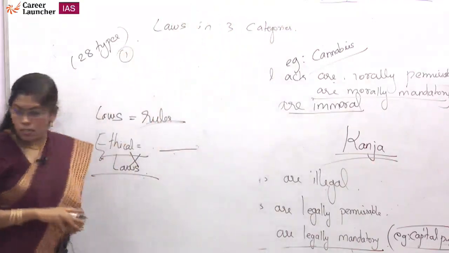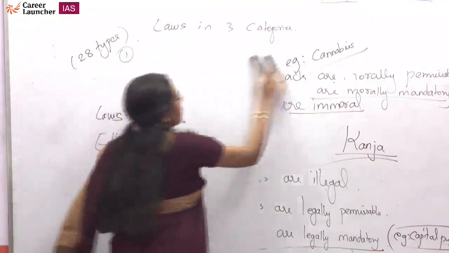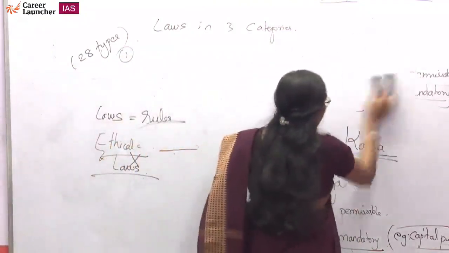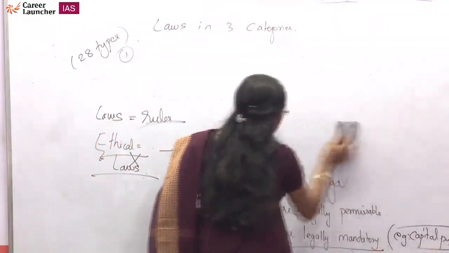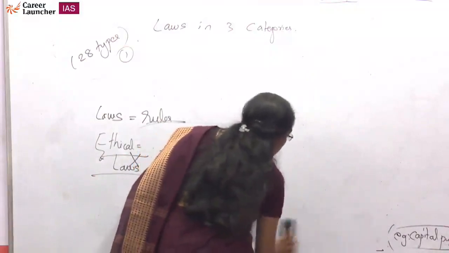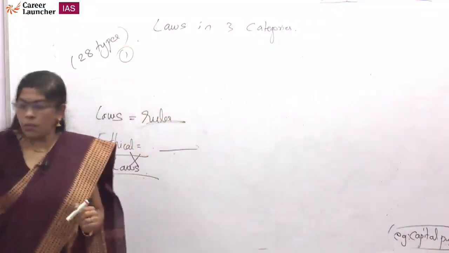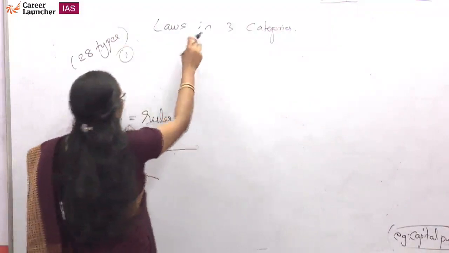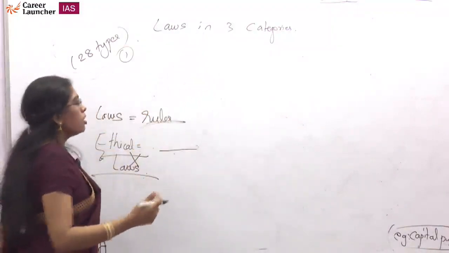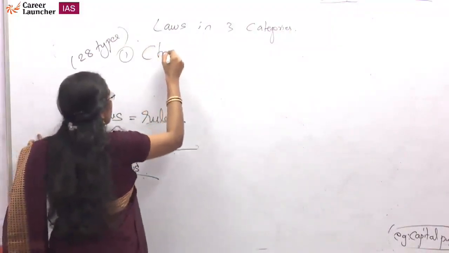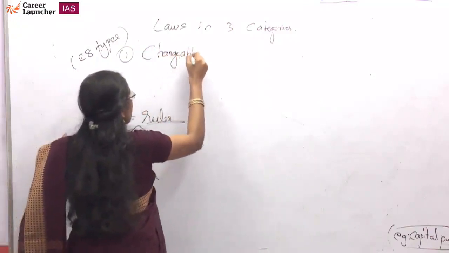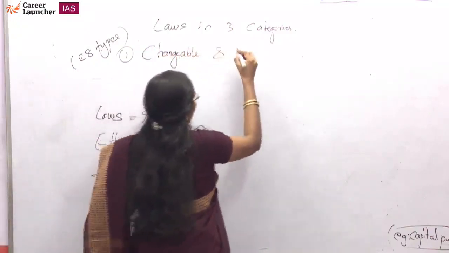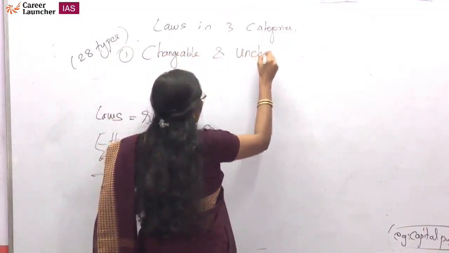These are not yet asked, but expected; they can be asked at any time. Laws can be categorized into three. One is changeable and unchangeable law.